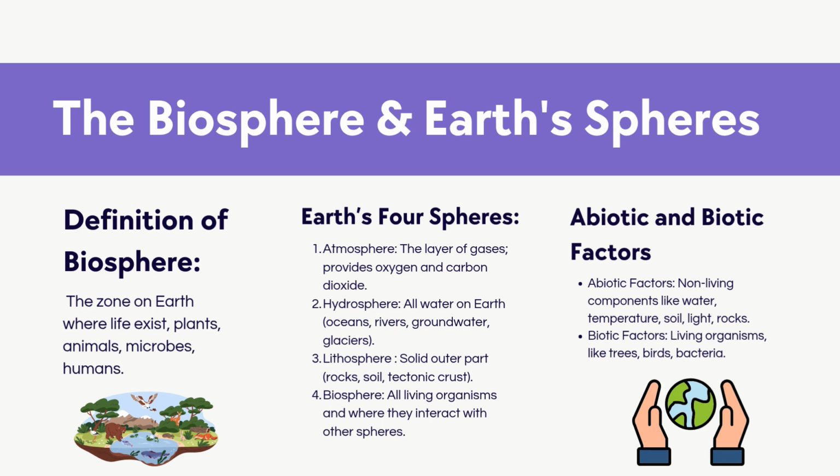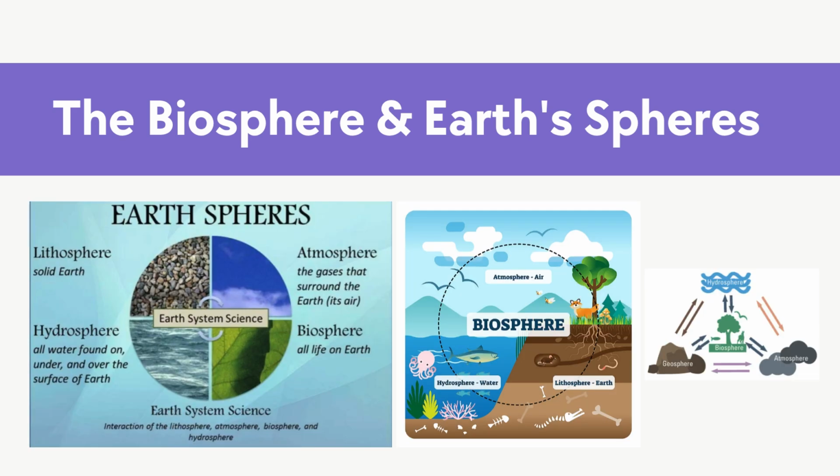Do you see how important it is to know your definitions? Abiotic is non-living, biotic is living, and they interact with each other and work together so that everyone can live in an environment. I just wanted to show you how all the spheres work in a community to make each other livable.